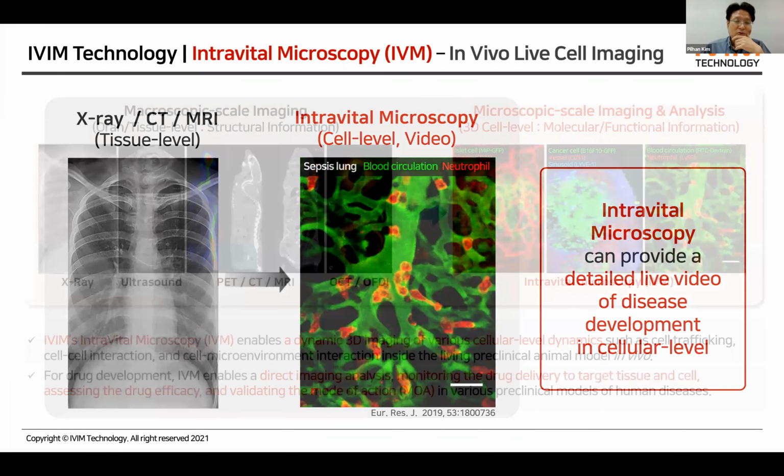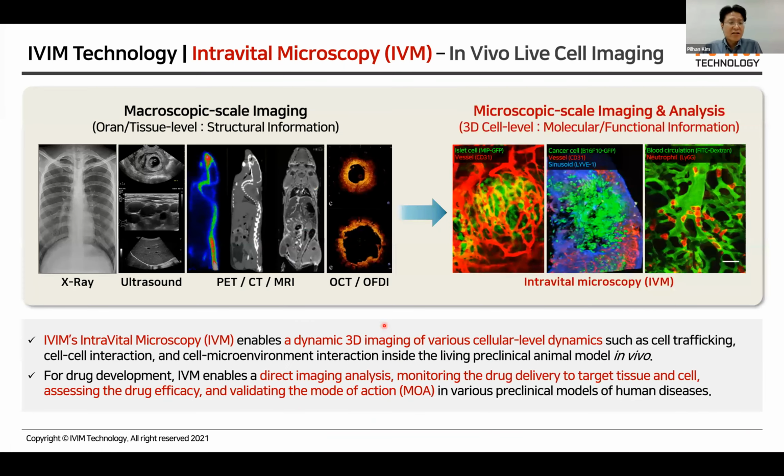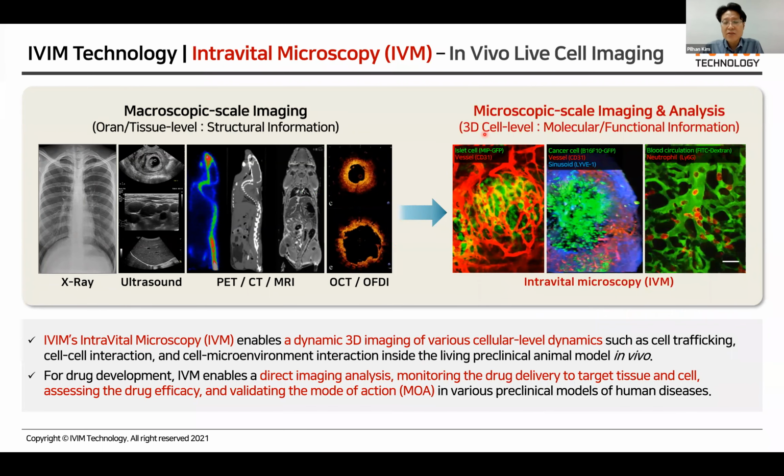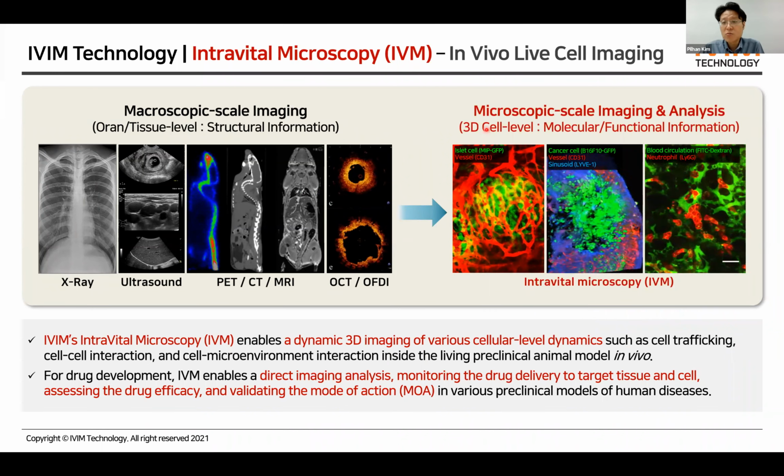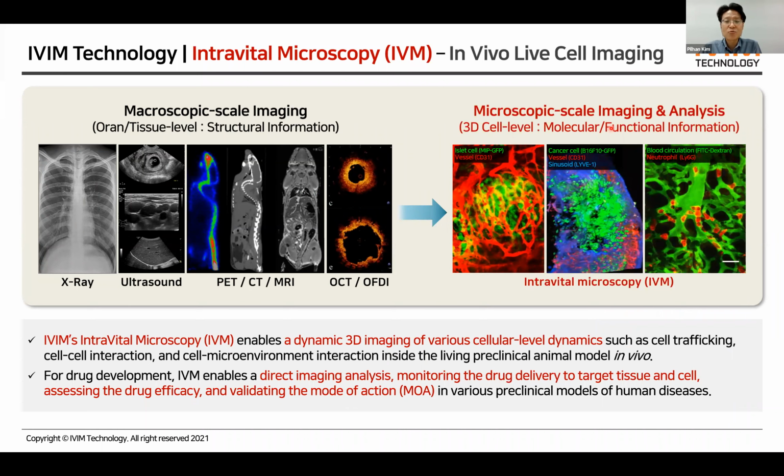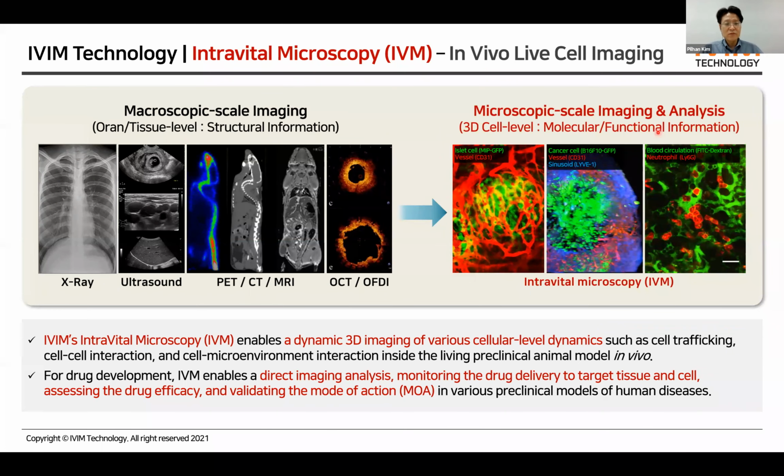To give you a bigger background, intravital microscopy can enable dynamic 3D imaging of various cellular level dynamics in microscopic scale. Thereby it can provide not just cellular level information, but also molecular and functional information by utilizing fluorescence probes.